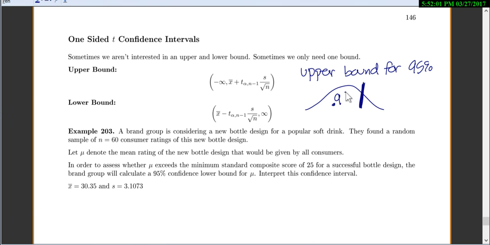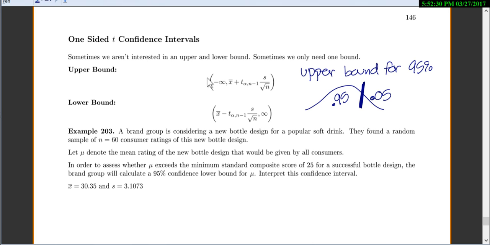If you want 0.95 in the middle, but we only draw an upper bound, how much is going to go in this tail? There's not two tails, so how much is going to go in the right side? We'd have 0.05 in the right side. So if you only want one side, you'll only draw your picture with one side, and instead of having two tails to divide your area in, you'll only have one tail.